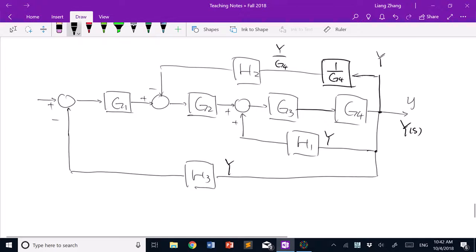Now, is it better? Of course it will be better, but is there anything more we can do to make it simpler? Yeah, we can redraw this a little bit prettier so that you will see how this can be further utilized.